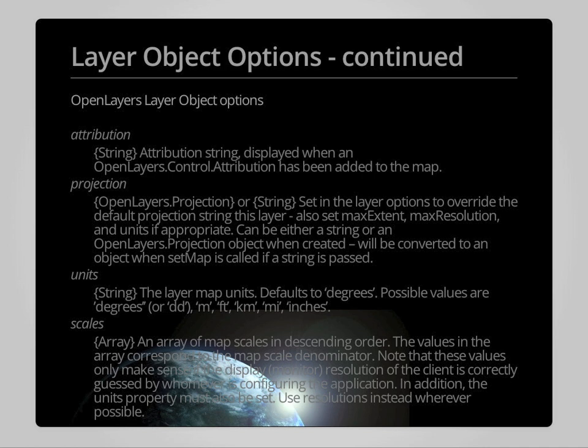This is where you can place that attribution information, and there's then the attribution controller, which is by default enabled within the OpenLayers map, where this information is displayed. And it concatenates the attribution information for all of the active layers into that attribution control.